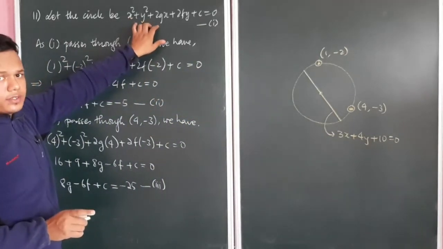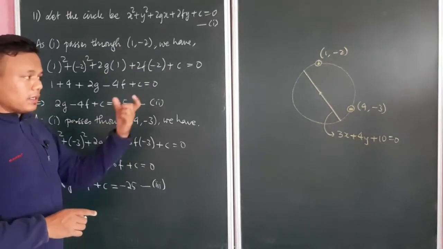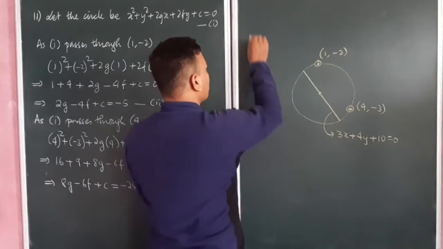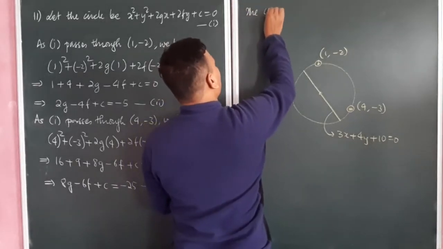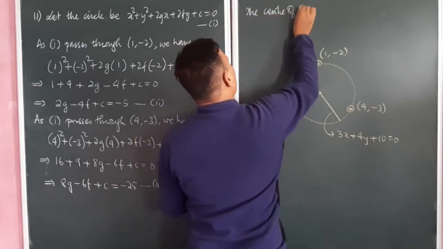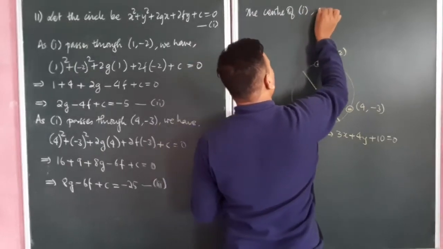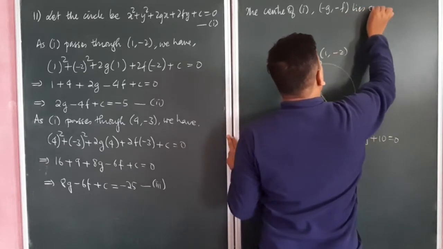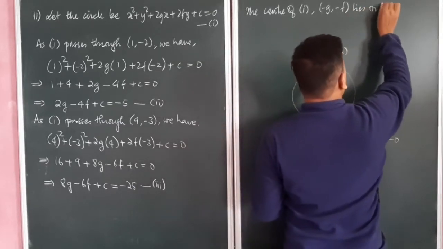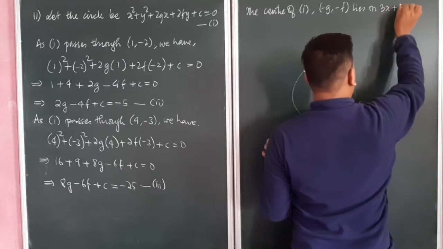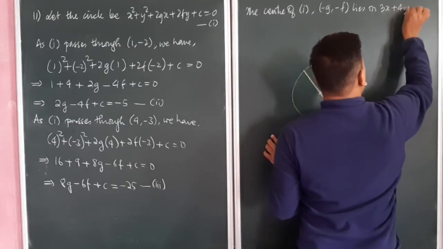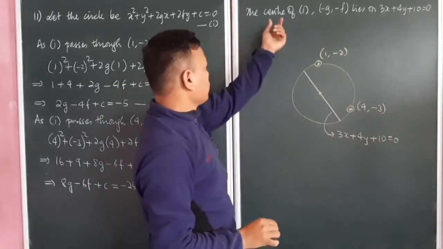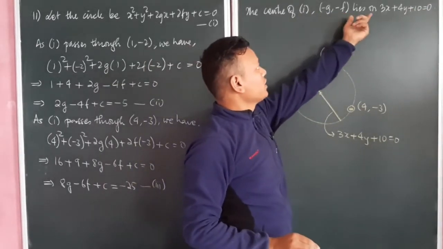The center of this is given by (-g, -f). That means (-g, -f) lies on this line.